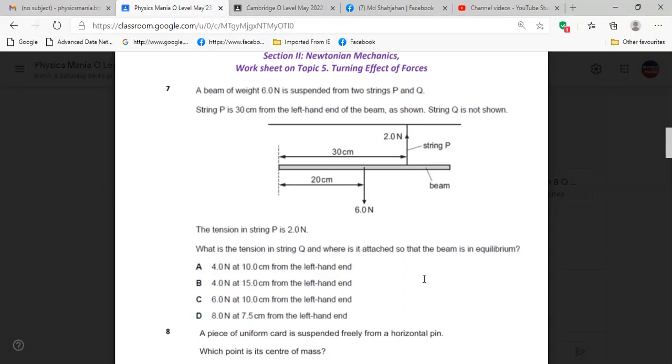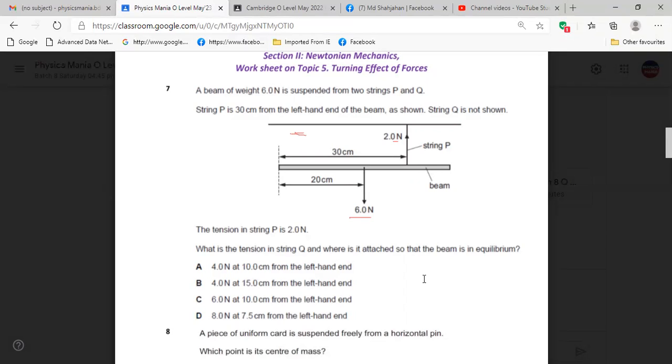You can use the conditions for equilibrium here, right? Here it's 6 Newton, so the sum of this force and the other force working here will be 6 Newtons. So if this one is 2, then this one over here is 4 Newton.